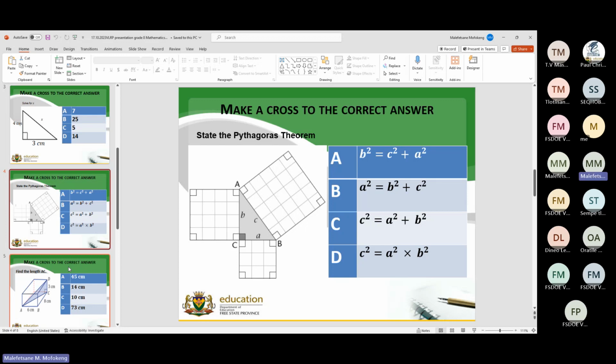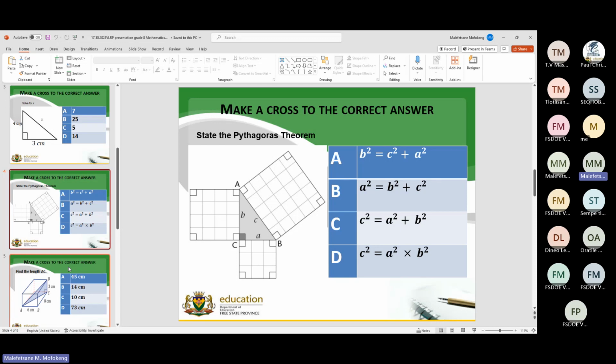Number C is C squared is equal to A squared plus B squared. That is the answer when you're supposed to state the Pythagoras theorem. The value of C, the hypotenuse side, is opposite to the 90 degrees. Look at the B side and the A side.